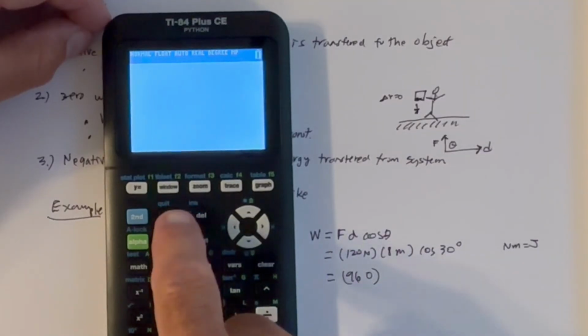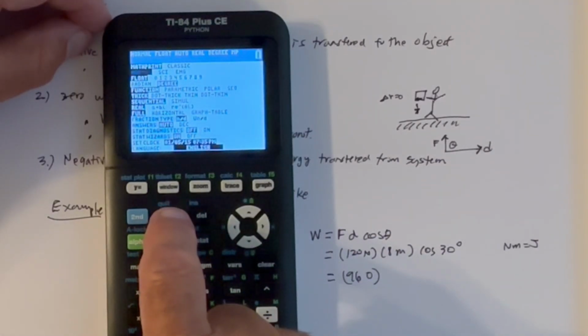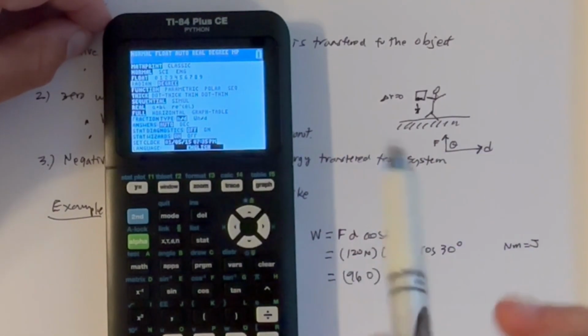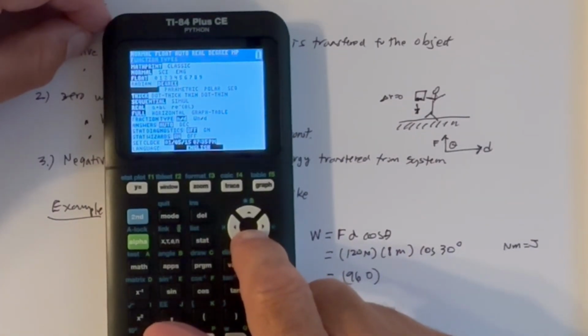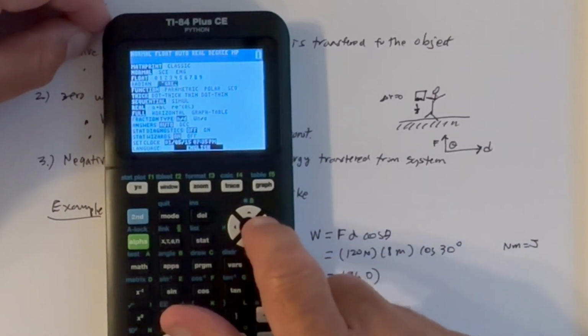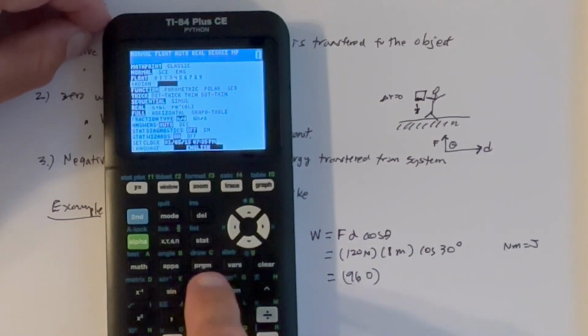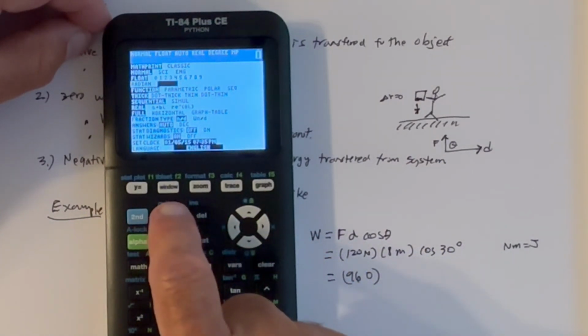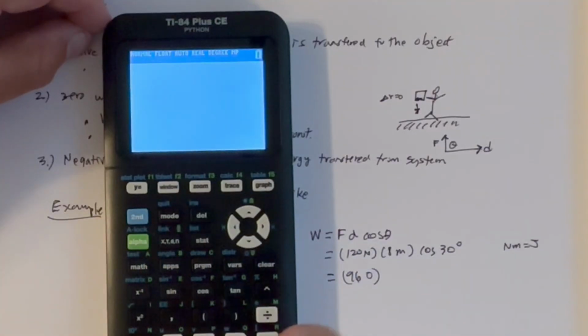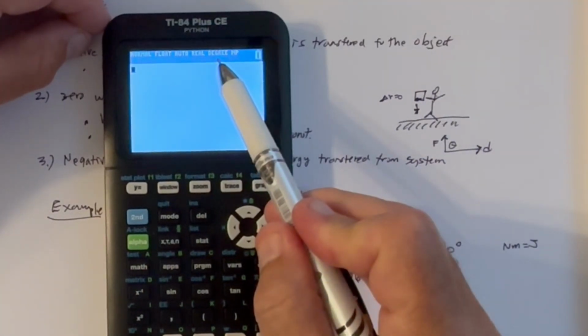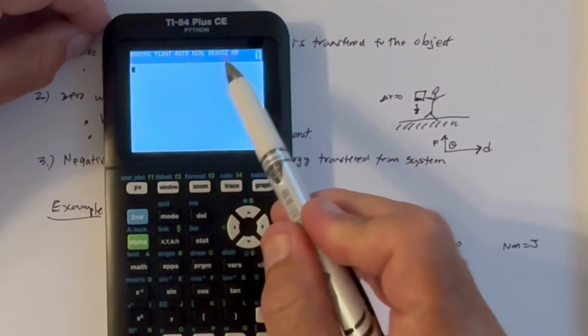The way we can change that is we go into the mode function, and you can see you can go down here to radians and degrees. So I'm going to just leave it there, and we're going to get out of the mode function because we don't need to change it. It already is in degrees. So that's what that tells us right there.